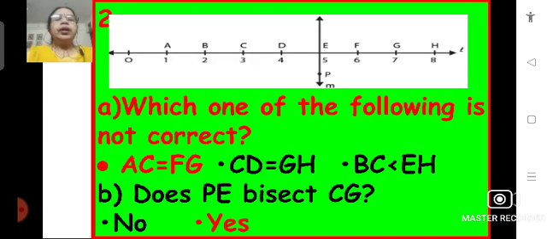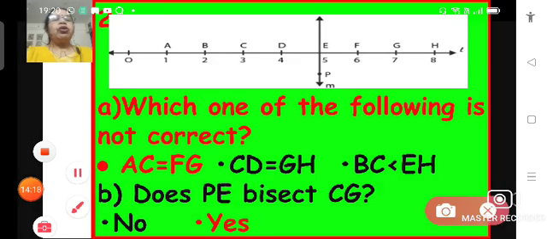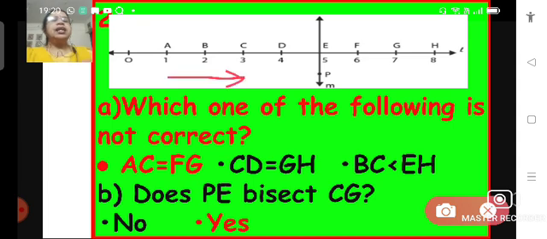Next question. Here is a question on a line segment. Which one of the following is not correct? We have to look at the line segment and decide. So here first option is given, AC is equal to FG. Here AC, we can see it is made of 2 units, whereas FG has only 1 unit.